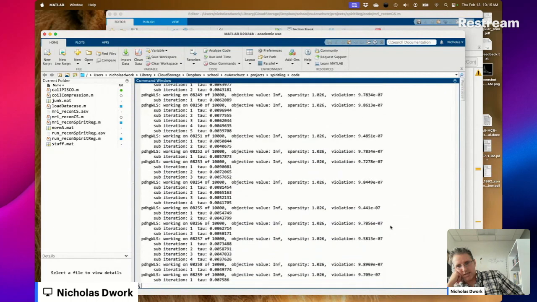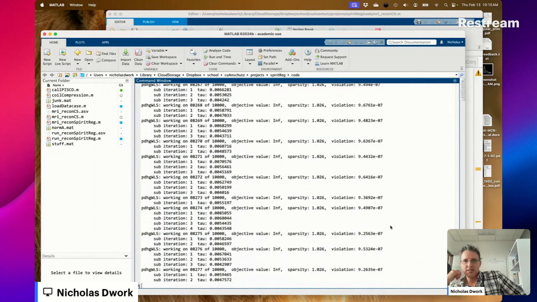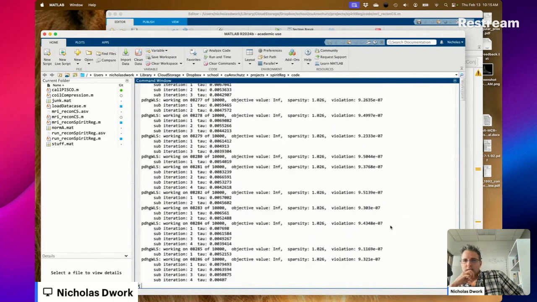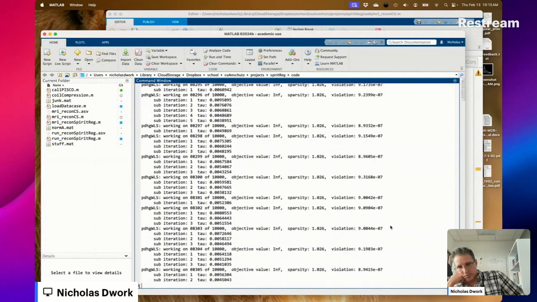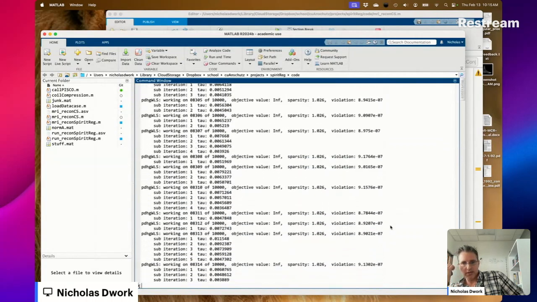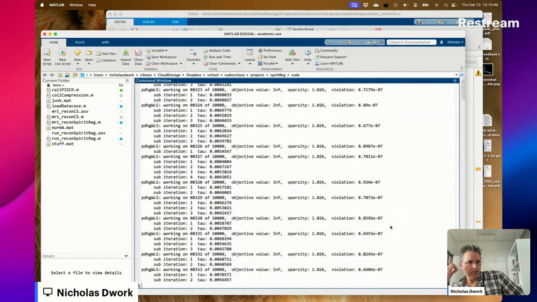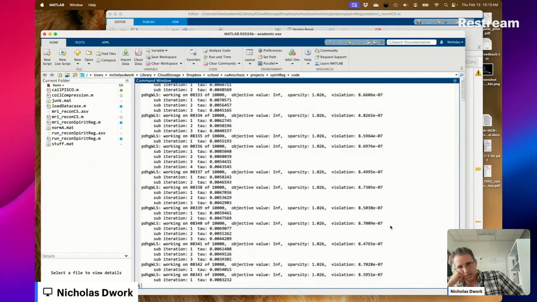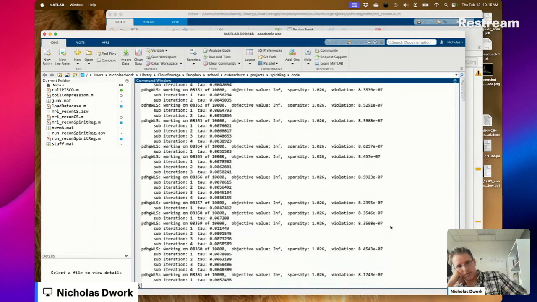The constraint violation is below 1 times 10 to the negative 6 now. It just keeps getting better. The constraint violation does. No, this is getting on the order of numerical precision or something, at least for floats.